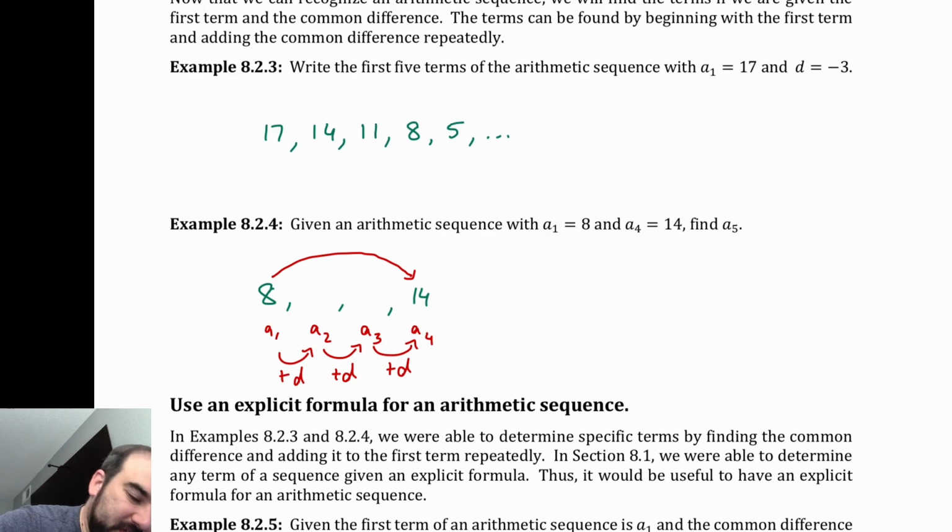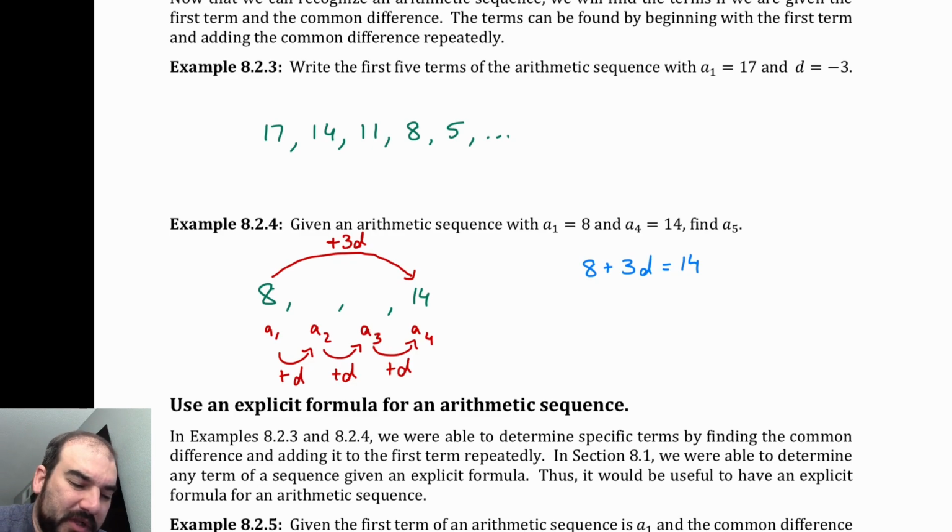Three times. 3 times, thank you. So we're adding 3 times D to go from A1 to A4. So we can actually write a formula to solve. We can say 8 plus 3 times the common difference gives me 14.